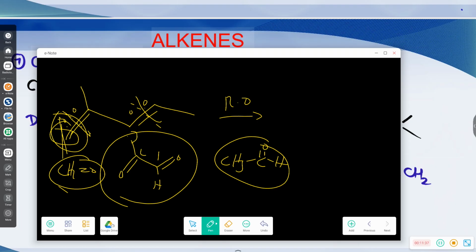Like this. Now see, for example, you take benzene, do reductive ozonolysis. Come on, tell me. Take benzene and do reductive ozonolysis.